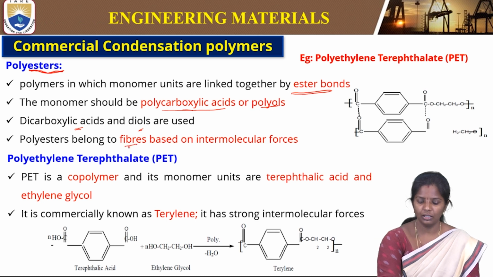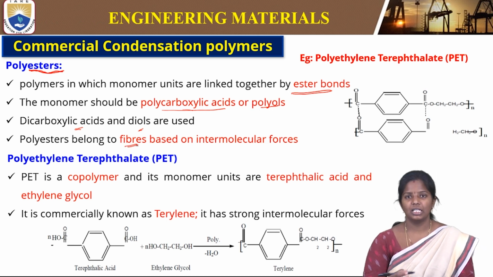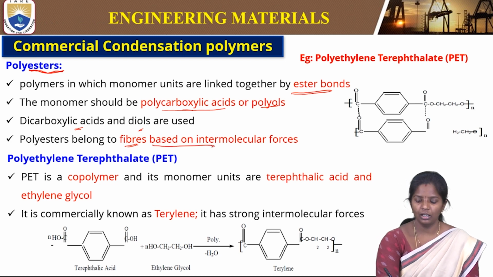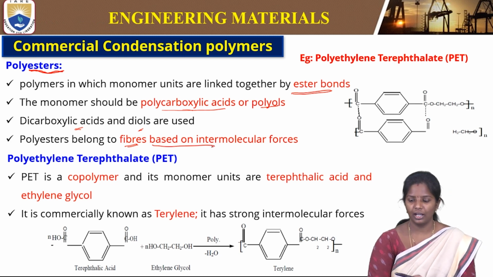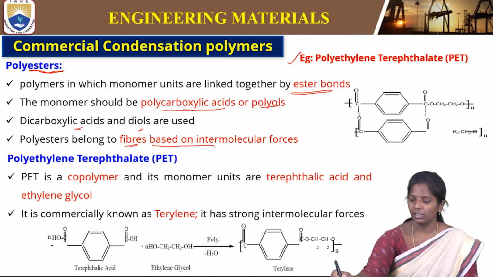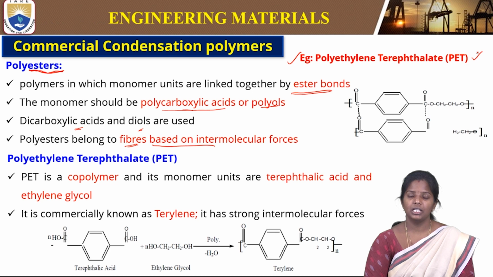So these come under fibers again. So we generally hear of polyester clothing. That is nothing but coming under the fiber classification, and this is the example for that, polyethylene terephthalate, that is PET. PET is an example of a polyester fabric or polymer.